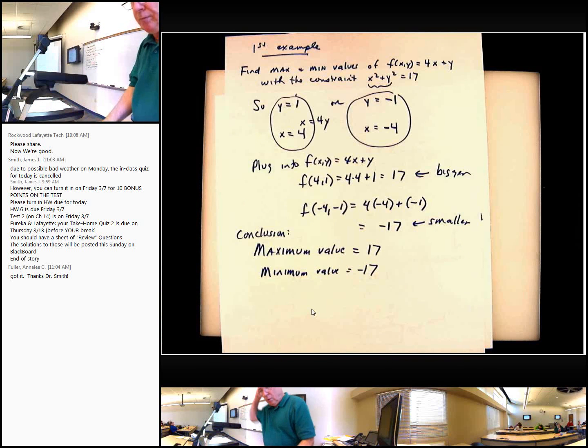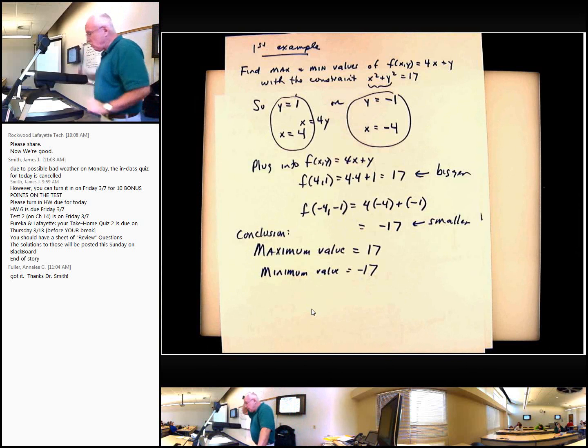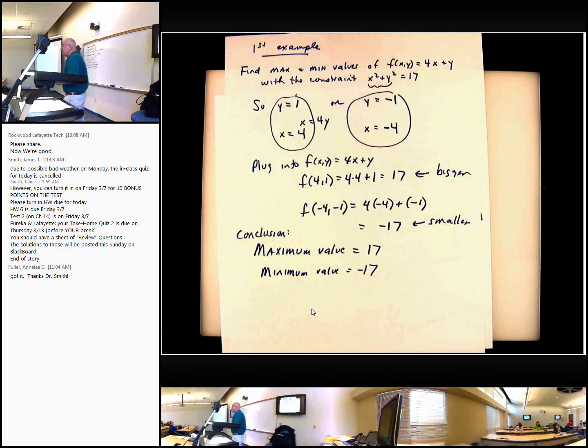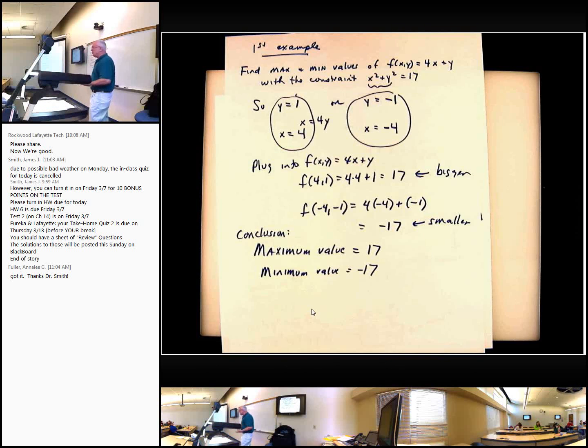All right. That's the first example. Okay. So, like I said, there could be other ways to do this, of course, but that's what seems to be the easiest way to do this problem.